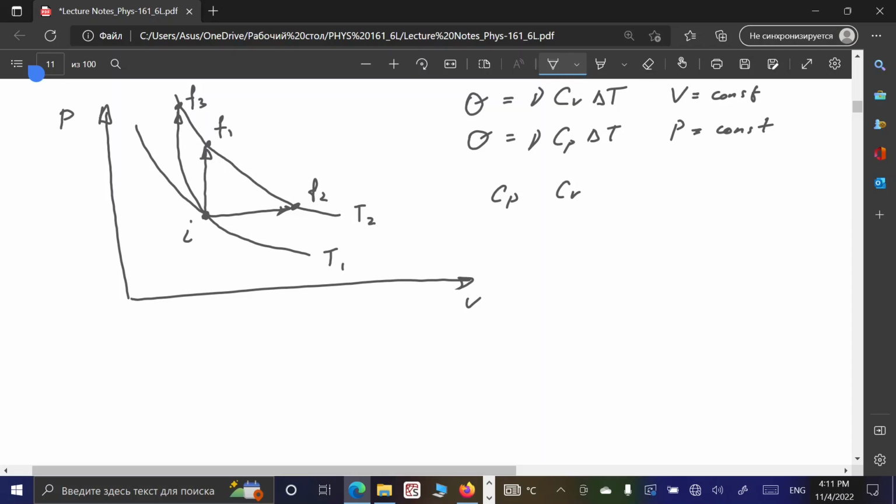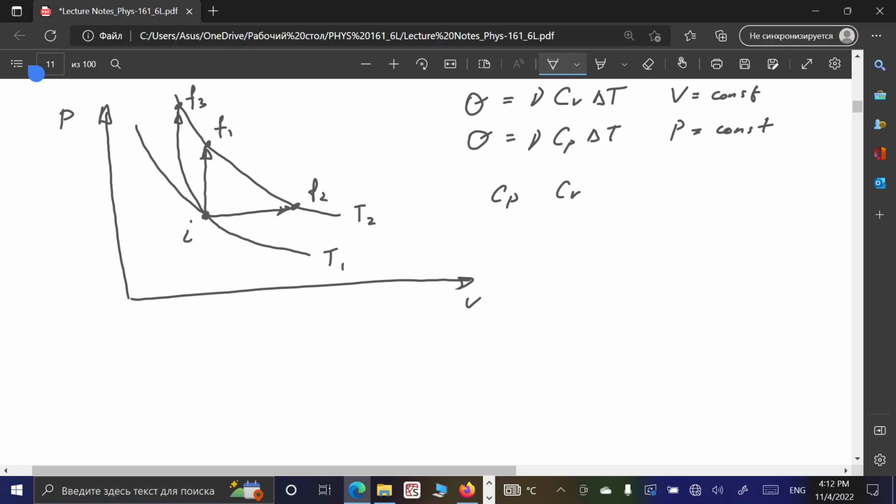And the reason for that is that when we keep constant pressure and start to provide certain heat to this system, this heat will be redistributed. Part of it will go to increase of internal energy, and part will go to perform work by this system. In the second process, when we have constant volume or CV, all energy which we transfer in the form of heat will go to increase of internal energy because work is not done.